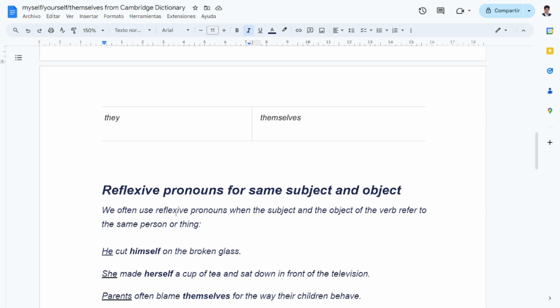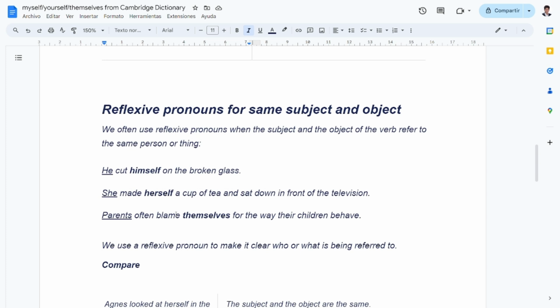In other videos, we will probably cover other topics regarding reflexive pronouns. But in this case, we are going to focus on specific things, for example, reflexive pronouns for the same subject and object. So let's start with this part.